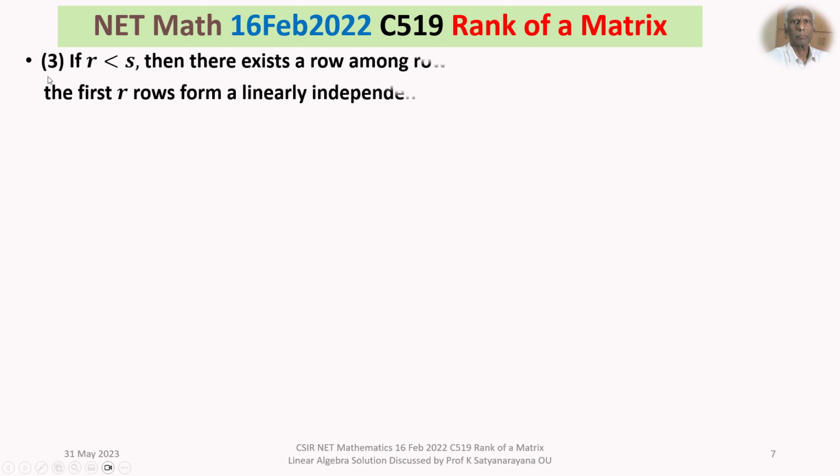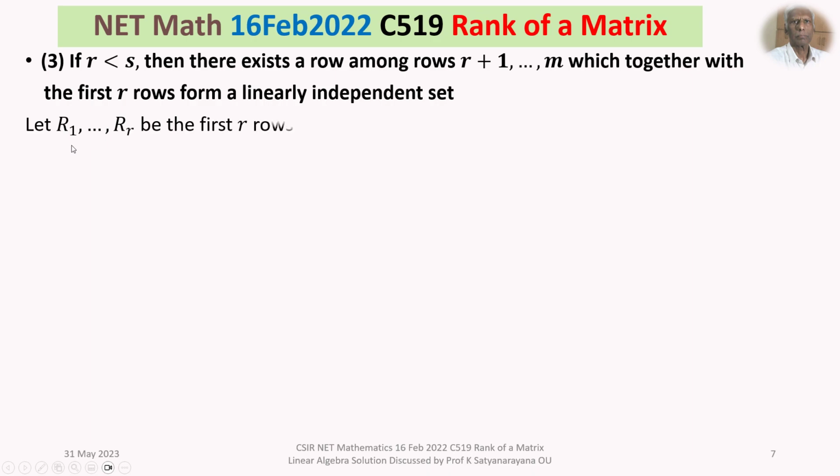We now take option 3. Option 3 says, if r is less than s, then there exists a row among the remaining rows r plus 1, r plus 2, up to m, which together with the first r rows forms a linearly independent set. Let R1, R2, up to Rr be the first r rows that are linearly independent.